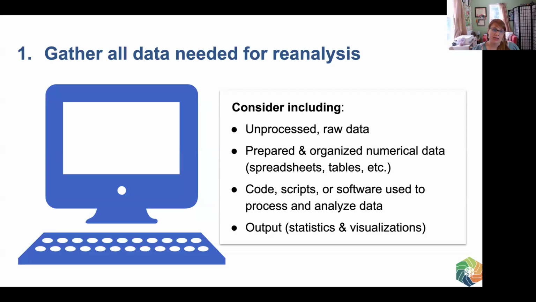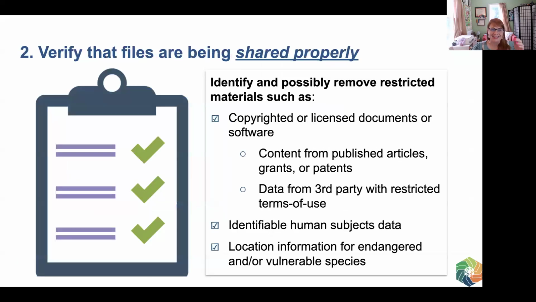And commenting throughout that code is also very helpful to understand the logic of it. You may also need to link to data stored in other repositories, code in other software repositories, or in other publications. We'll go to the next step.